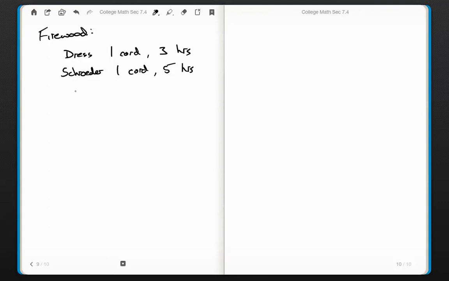So how long together? All right, so let's look at Dress. That's me. What's my rate? My rate is 1 cord in 3 hours. So that equals 1/3 cord per hour.